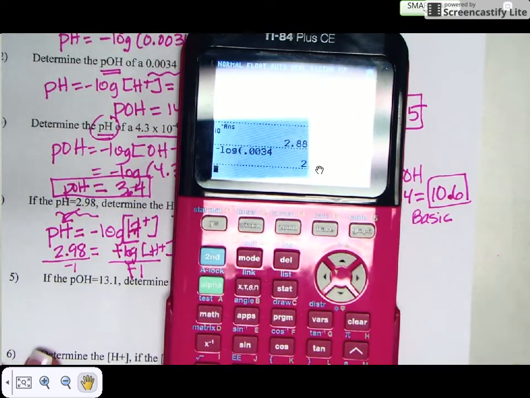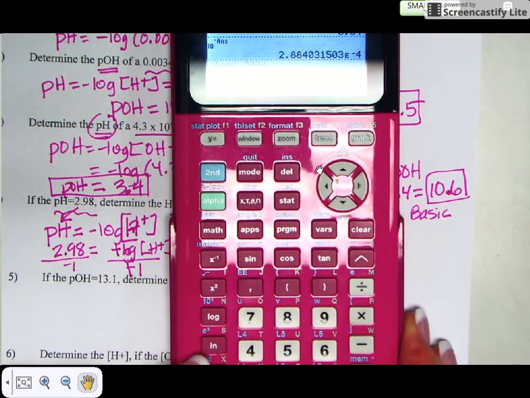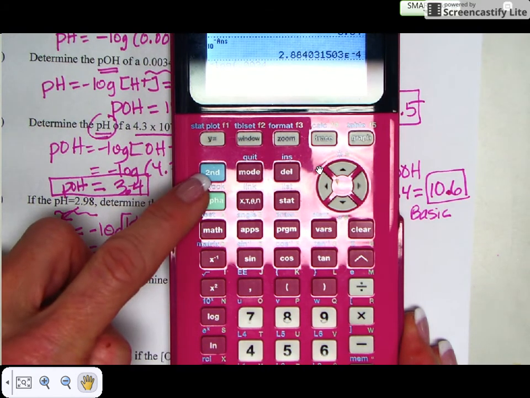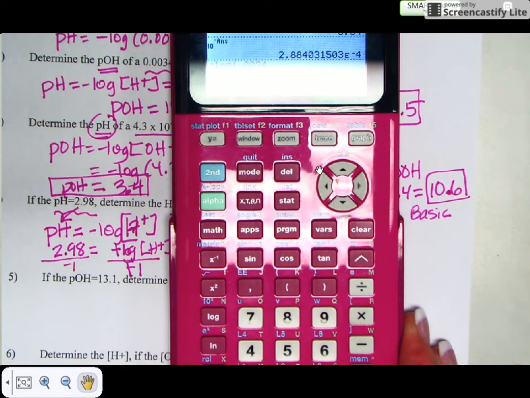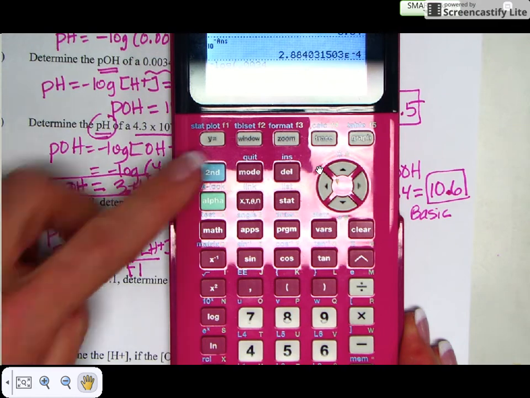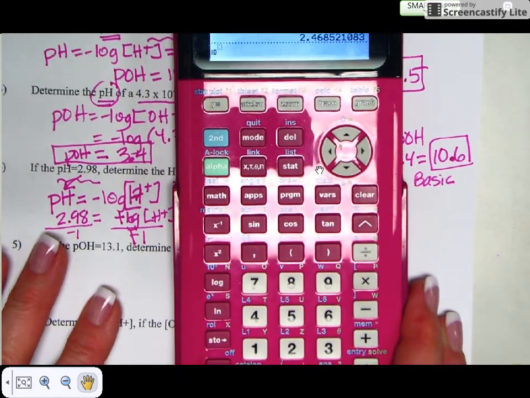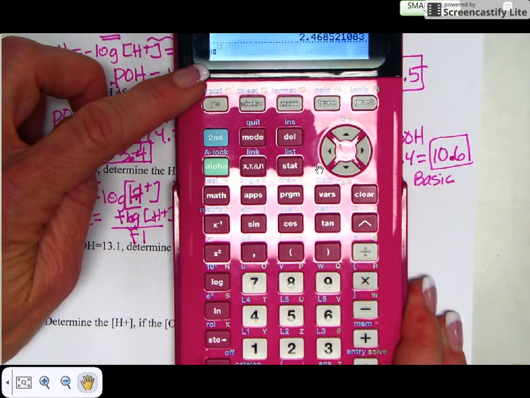Now, on our calculator, if you find your log button, you will notice that the second function of that is 10 to the x. So if you hit second log, that's called the anti-log. So we're going to hit second log, and when you hit second log, you should notice that a 10 to the x pops up, or maybe the caret top pops up.